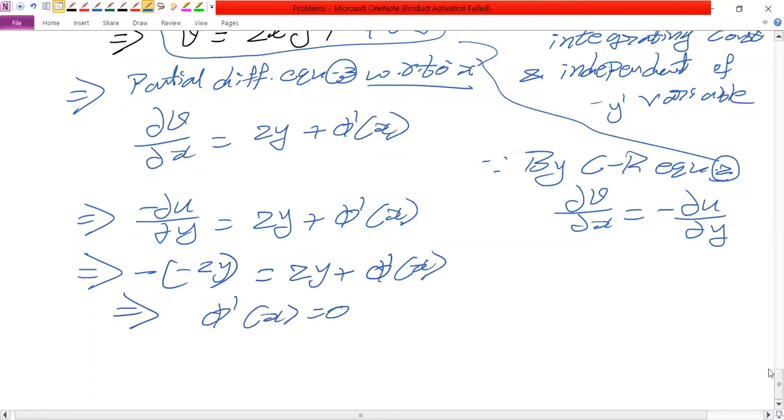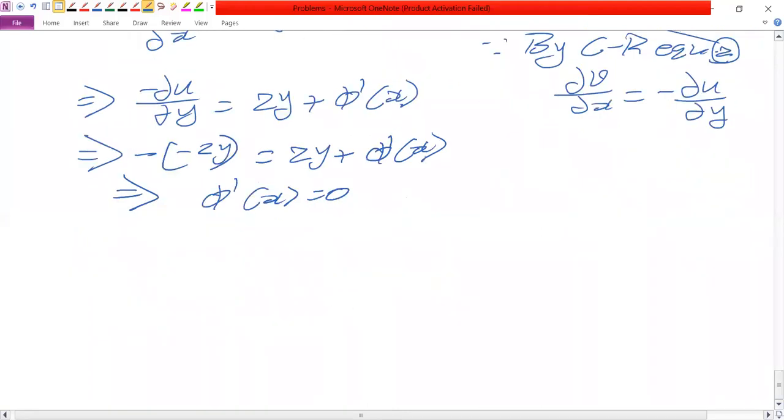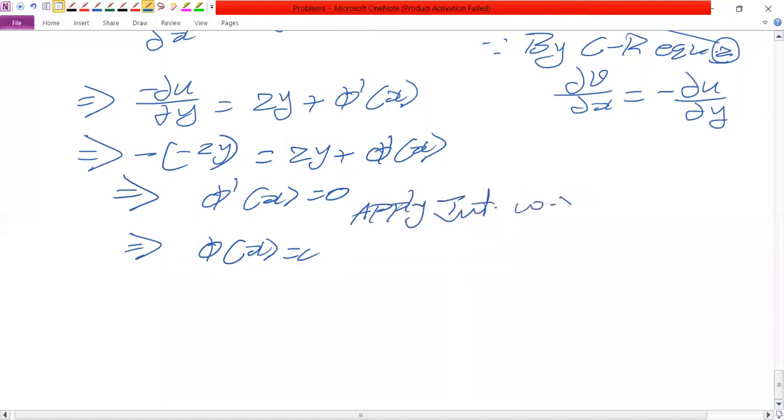The differentiation of a function is 0 whenever that function is a constant. That implies phi of x equals c, because we apply integration on both sides with respect to x. Then replace phi of x equals c in which equation?